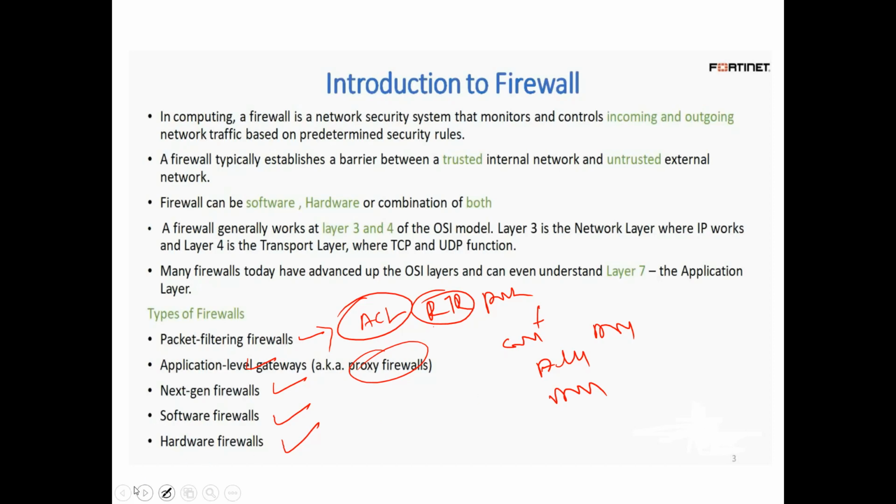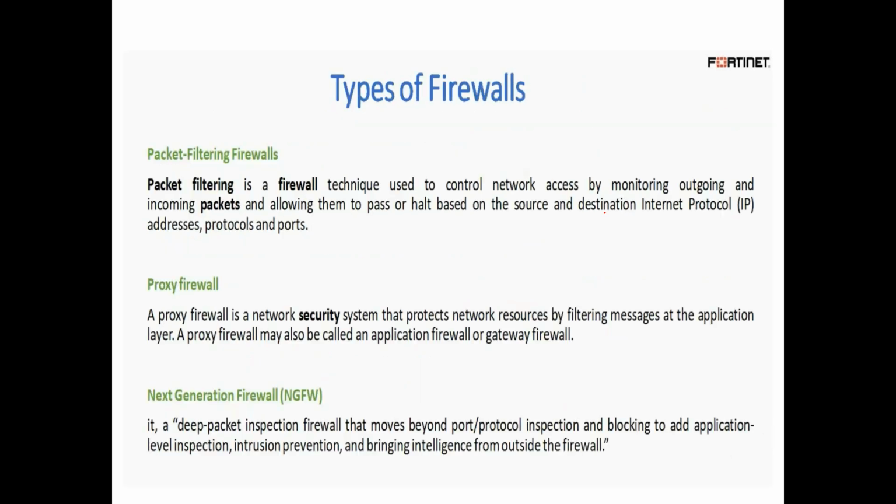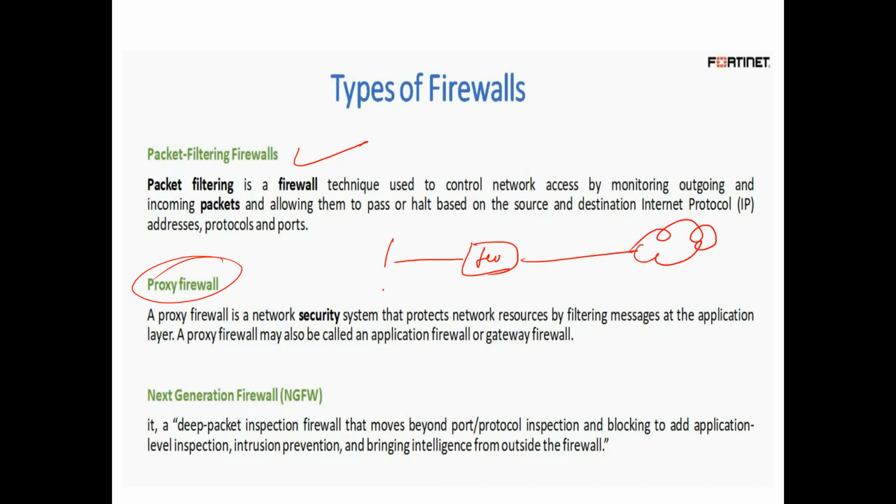In the upcoming slides you'll get to know about the other firewalls, where I'll explain you guys. So, types of firewall: packet filtering firewalls, as we discussed, are routers. In proxy firewalls, let's suppose we have one firewall and we have the internet. At the same time, we have a switch. In this switch, we have one proxy server. Whenever the LAN users send traffic, we need to create some policy in this proxy server.